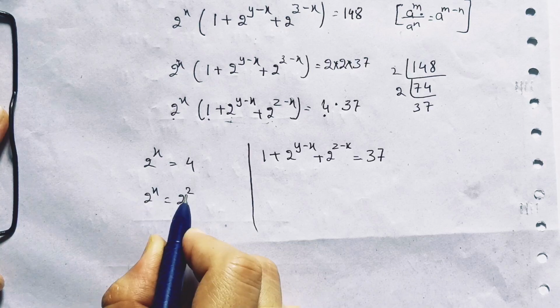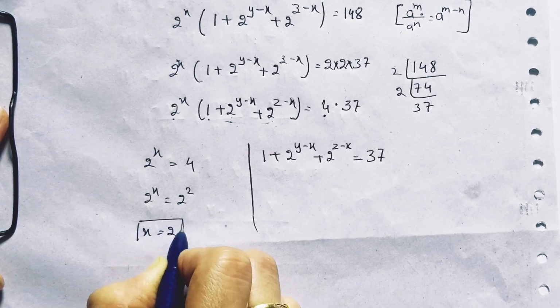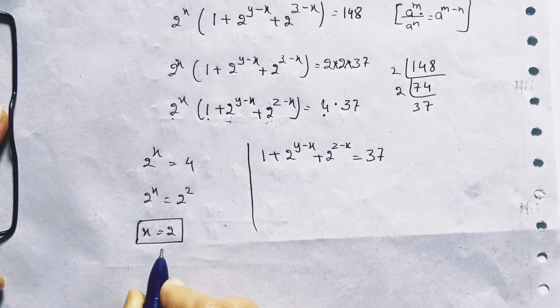Bases are equal, so the powers should be equal. Therefore x equals 2. This is the value of x.